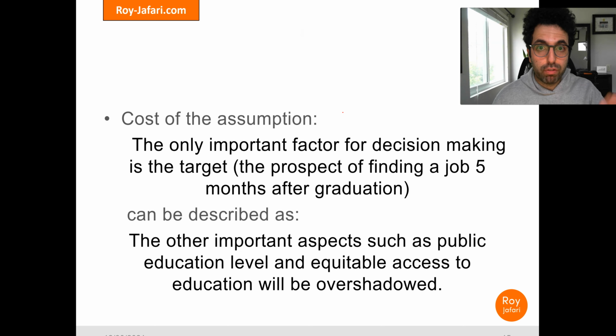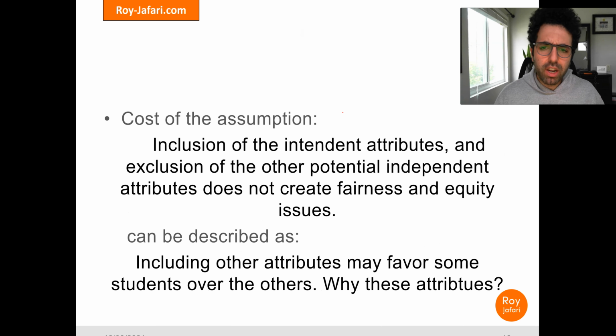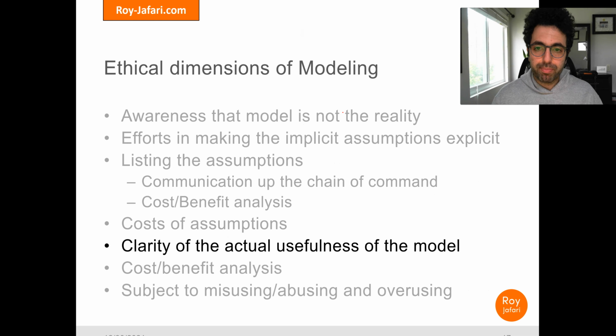That is the cost of using such a model. Another cost, for the second assumption, is that including or excluding one of these attributes that we've included is not going to have any equity and fairness concerns. So these are the assumptions that we are making when we implement such models.